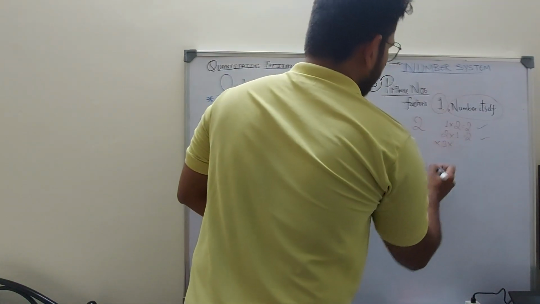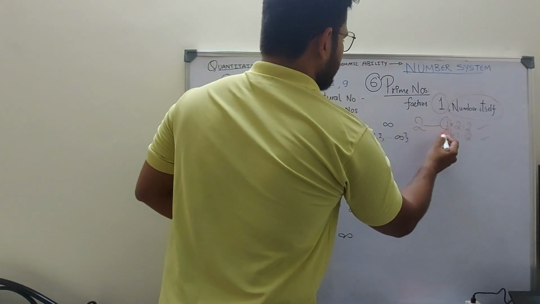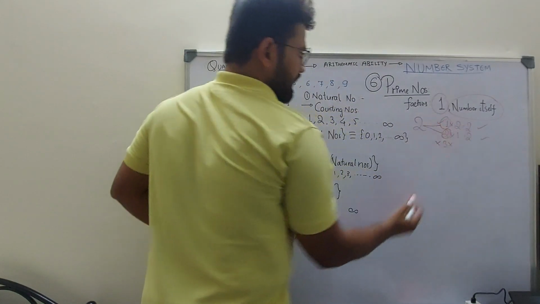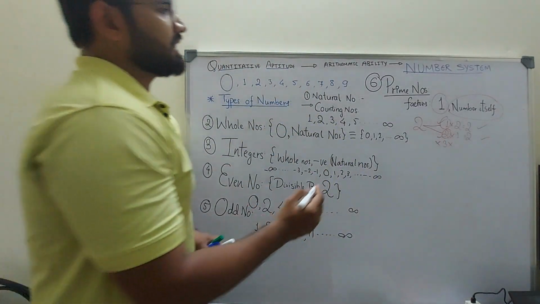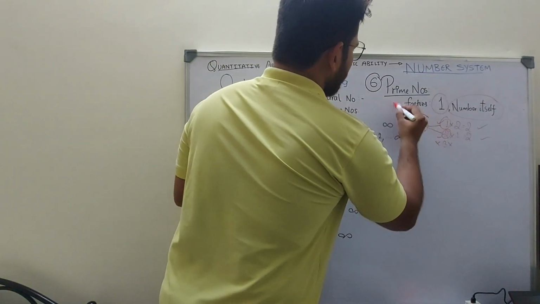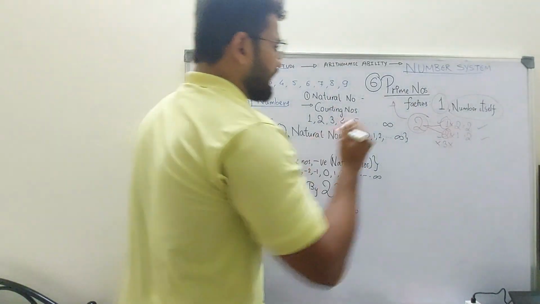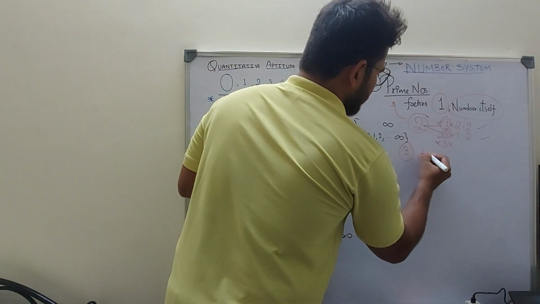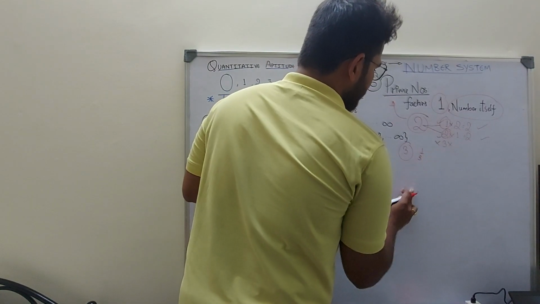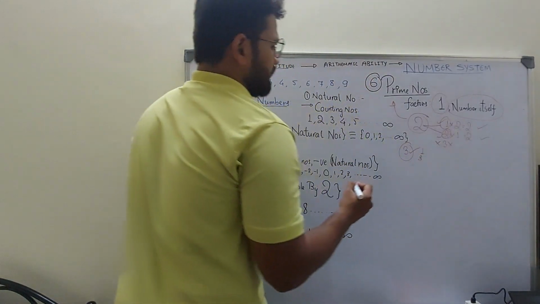So 3 is not a factor. You can see these two are factors, out of which 1 is one and the second is nothing but the number itself. Hence we can say 2 is a prime number. Similarly, one more example: 3. 3 comes in the 1 table and the 3 table, not in the 2 table, not in 4, nothing. So this is also a prime number.